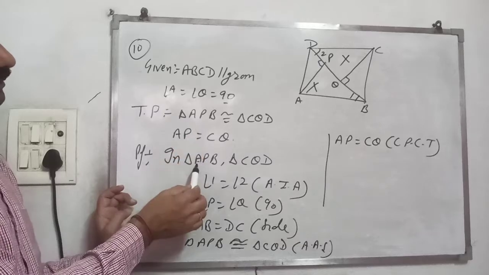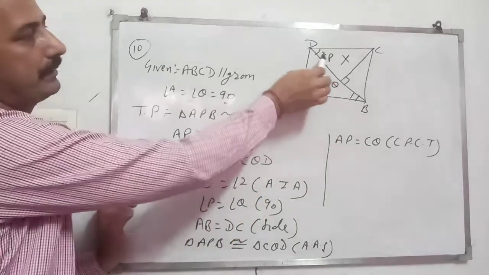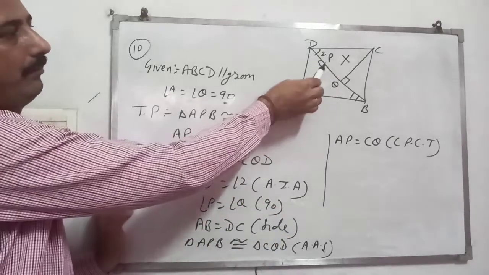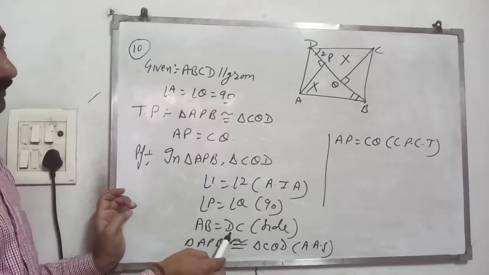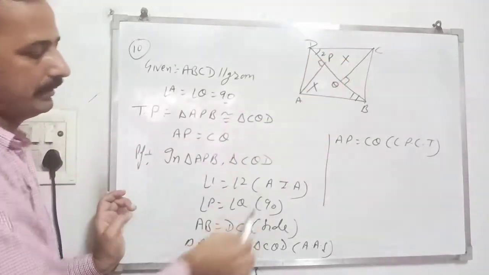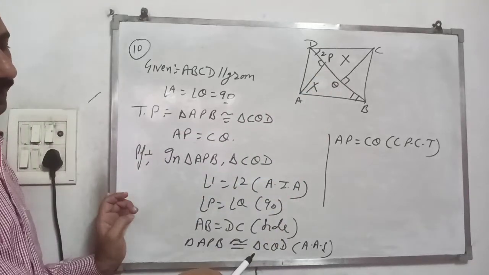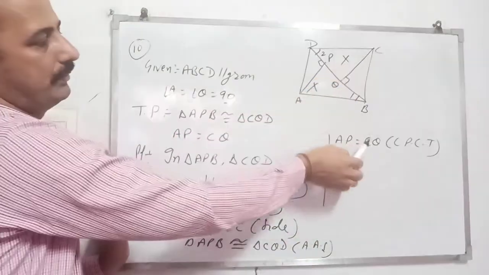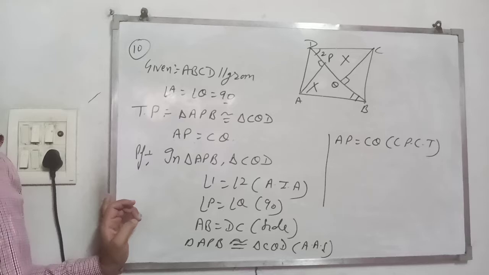So by taking these two triangles APB and CQD, angle 1 is equal to angle 2, that is alternate interior angle, and angle P equal to angle Q, that is 90 degree. So AB equal to DC because the opposite sides of the parallelogram. So triangles are congruent by AAS. So AP equal to CQ by CPCT, right?